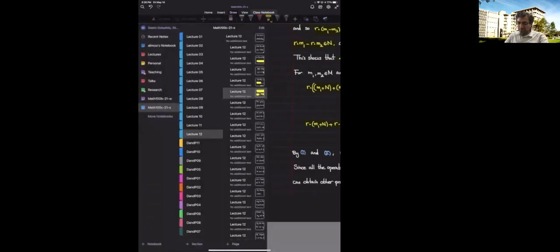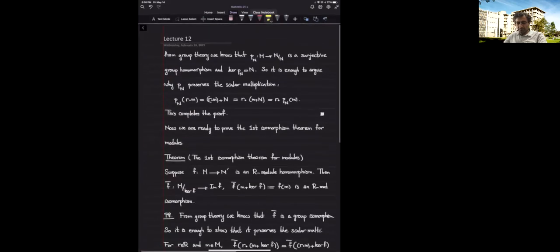Now, the rest of the argument about the quotient maps is automatic, but let me quickly recall what the statements were. From group theory, we already know that the natural quotient map is a surjective map. And the kernel of this is the normal subgroup, or the abelian subgroup here, that we are modding out by.